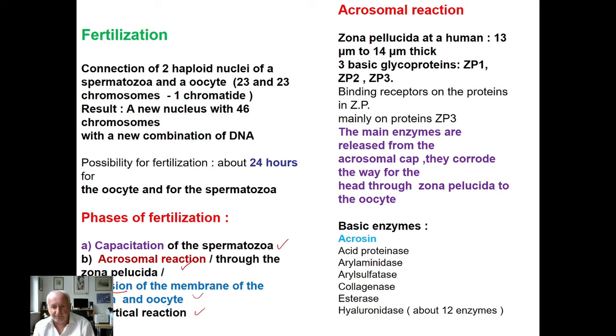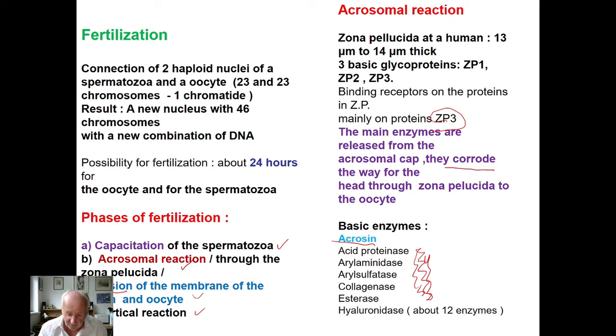Acrosomal reaction: you have to release all the important enzymes in the acrosomal cap. The most important is acrosin. Those enzymes work on proteins and glycoproteins in the zona pellucida, which in humans is 13 to 14 micrometers, to prepare a nice way, the highway, for the head which is moving through the zona pellucida to the membrane of the oocyte.